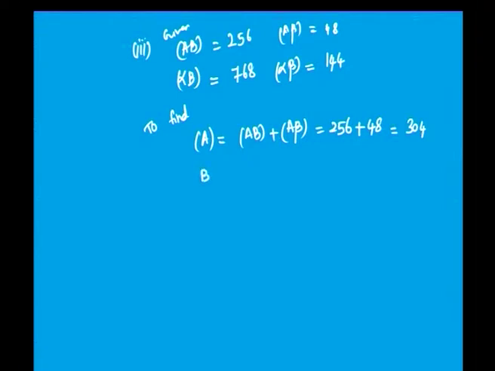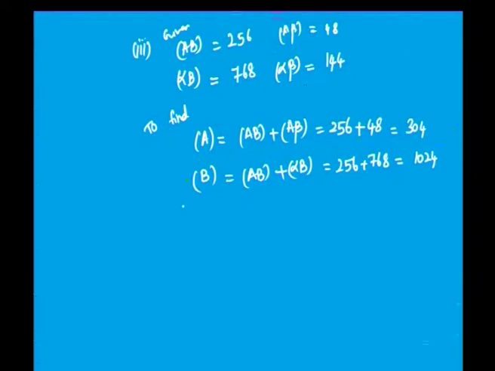Next, B. B is fixed, therefore you have AB plus alpha B gives you the B value, that is 256 plus 768. This answer is 1024. You got A, B, you got AB.